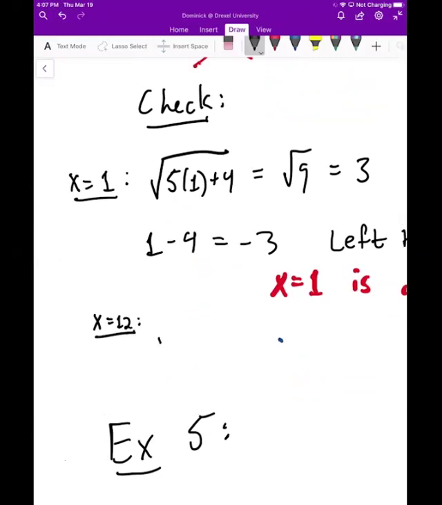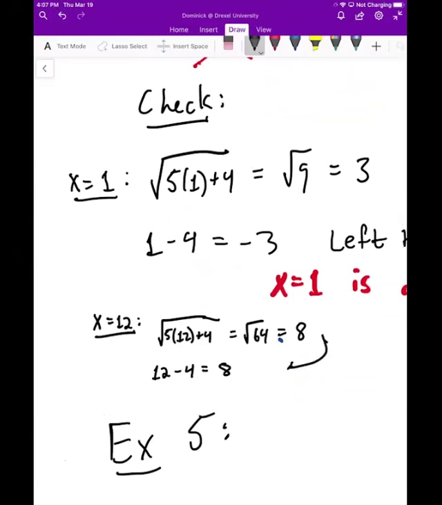If we plug that in, we get the square root of 5 times 12 plus 4, so that will give us the square root of 64, which is 8. And if we check the right-hand side, we get 12 minus 4, which is also 8.